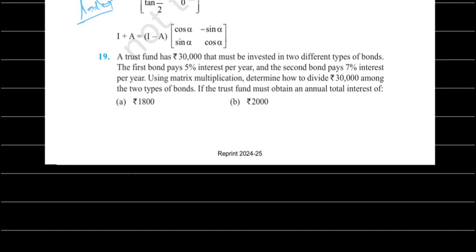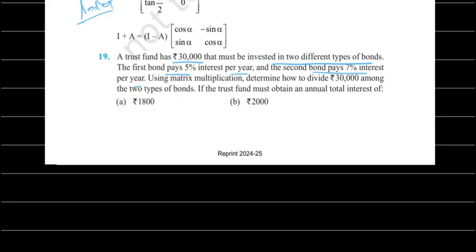A trust fund has 30,000 rupees that must be invested in two different types of bonds. The first bond pays 5% interest per year and the second bond pays 7% interest per year.